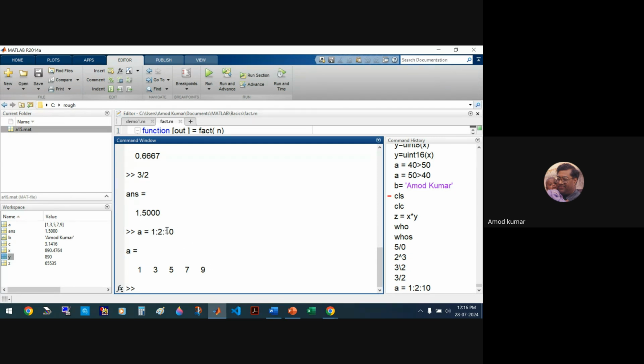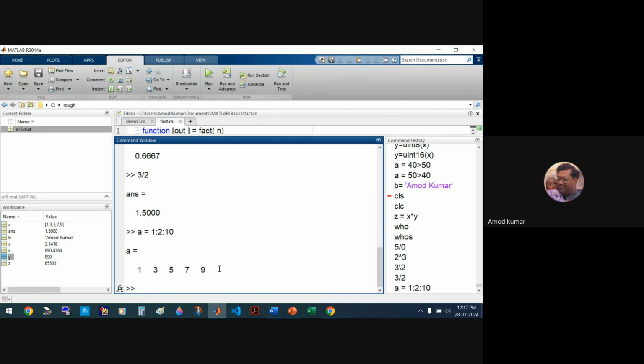This last number is 10, so the value of A will go up to 10, basically. But after 9, the next number would have been 11, because the increment is 2, right? So 11 is more than 10.